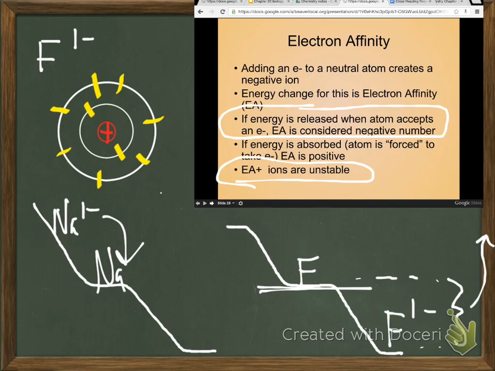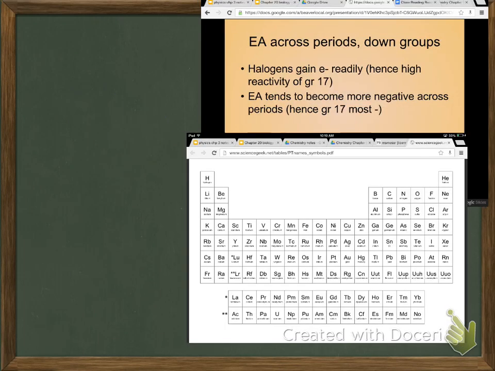So that's electron affinity. Okay, so electron affinity goes that way and gets more negative. So we said that sodium would have a positive electron affinity. So this is EA, it tends to go from pretty positive over here to pretty negative over there.